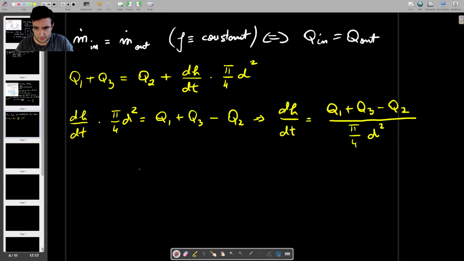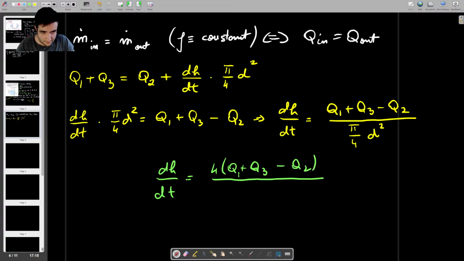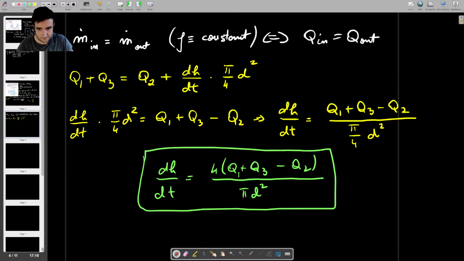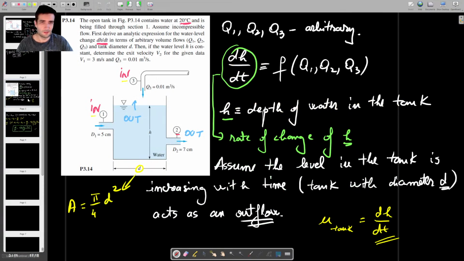Or if I want to get rid of all those fractions stacked on top of each other, I can just call this 4 times Q1 plus Q3 minus Q2, divided by pi d squared. Okay, so I think that should be the answer for the first part of the question.